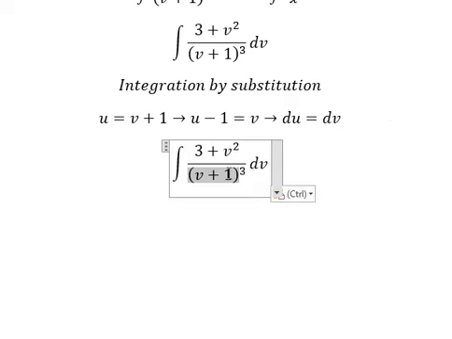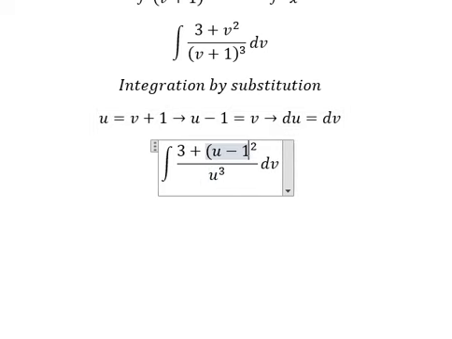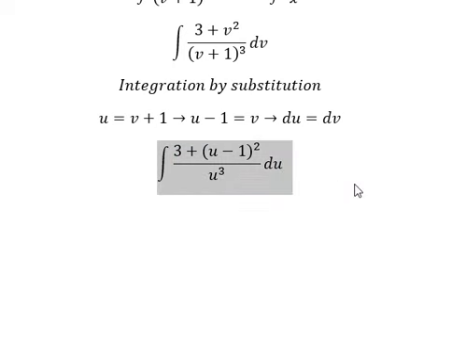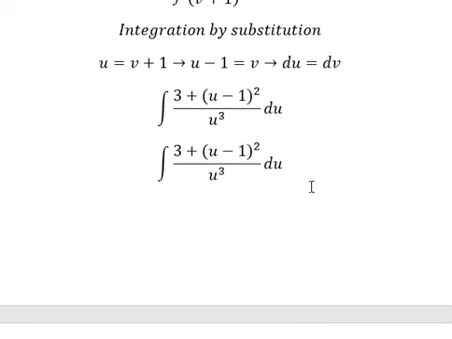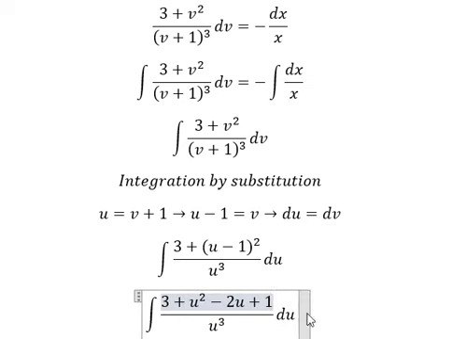This one we change for u. V we change for u minus 1. dv we change for du. And now we need to expand this one.